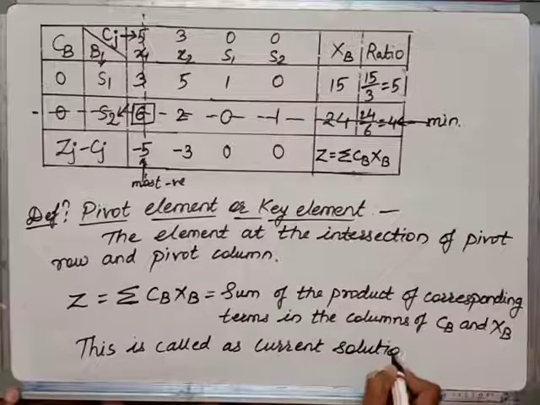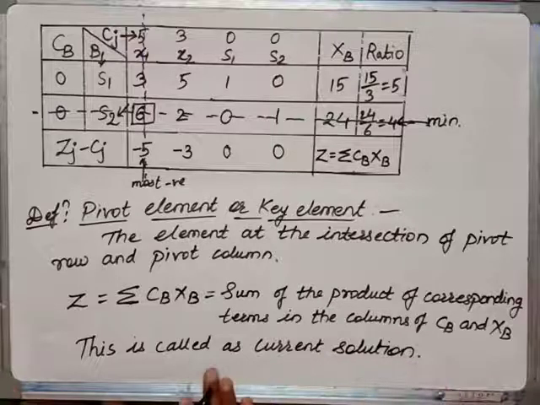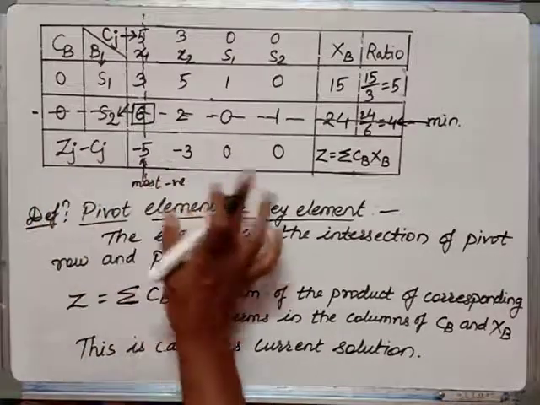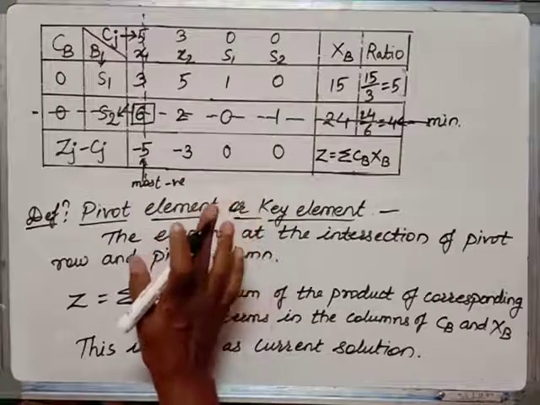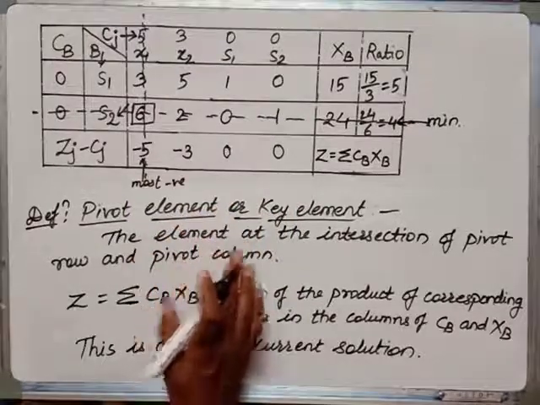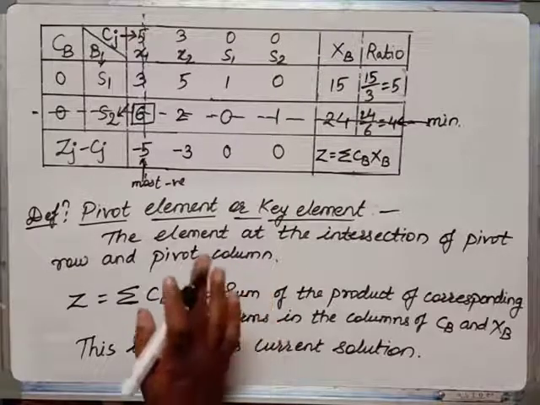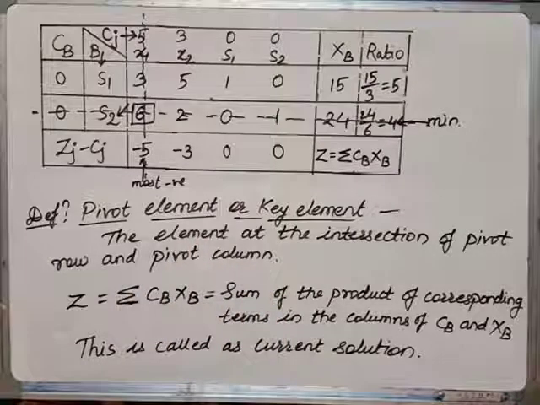But one more thing, we aim to reach the optimal solution. So there are some observations of Zj minus Cj to reach the optimal solution. They are different for a maximization type of problem and for a minimization type of problem. So let me take them one by one.